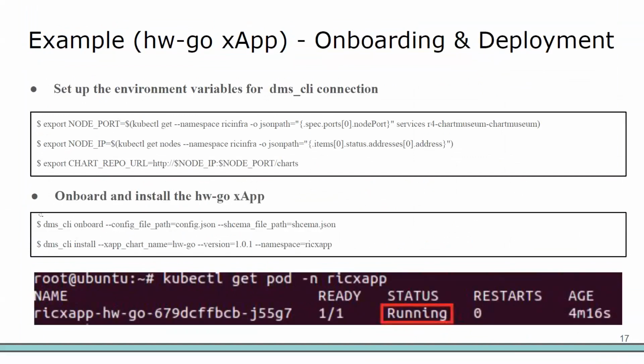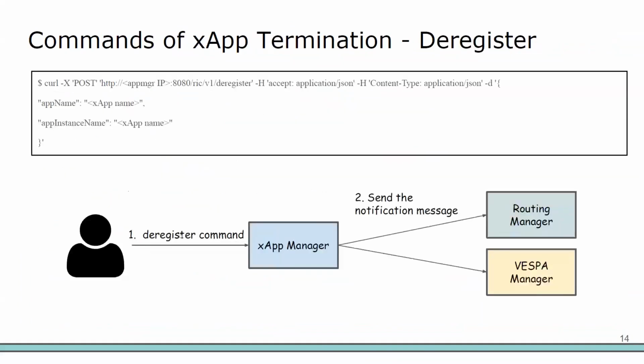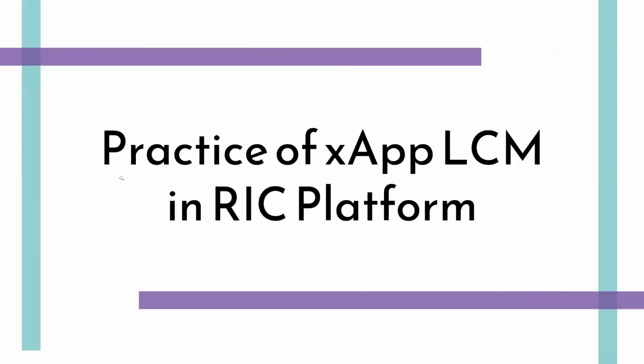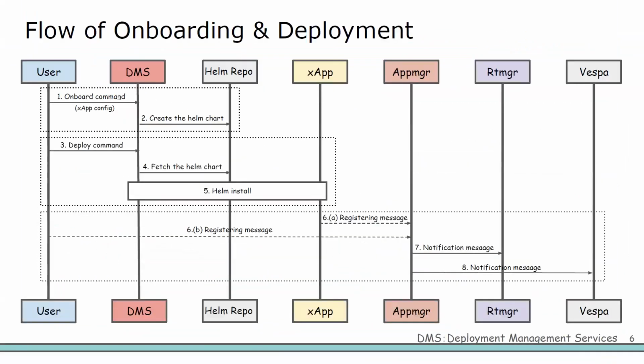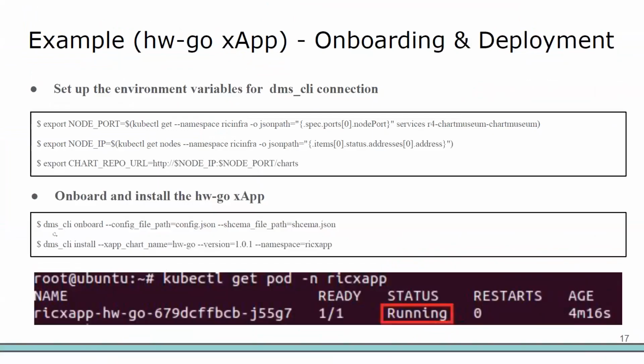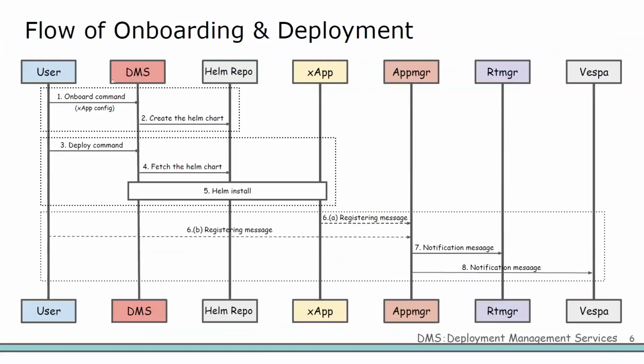Okay. So the first step, we use the onboard command to send the command to the DMS tool. So it's received. The DMS tool will create the helm chart and store it in the helm repository. Next we can use the install command to send it to the DMS tool.